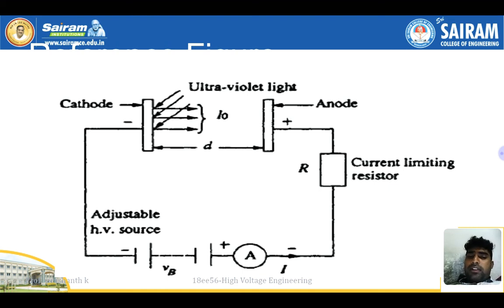We also have an adjustable HV source, a high voltage source, like an autotransformer. Once the ultraviolet light hits this part, ionization takes place, and then recombination takes place.